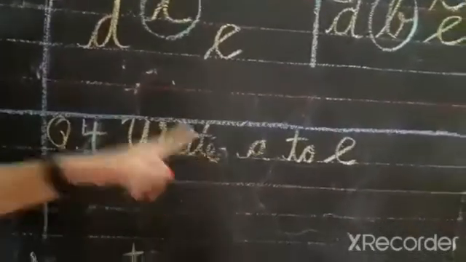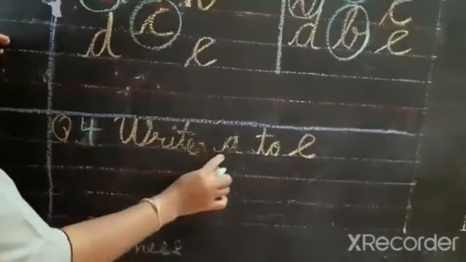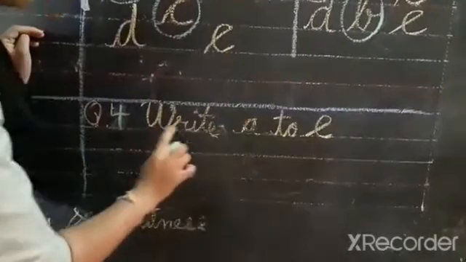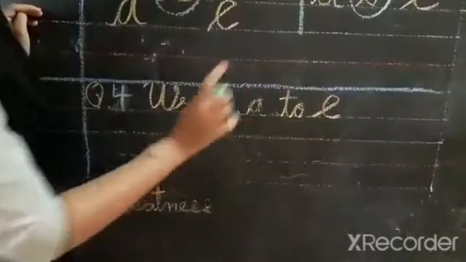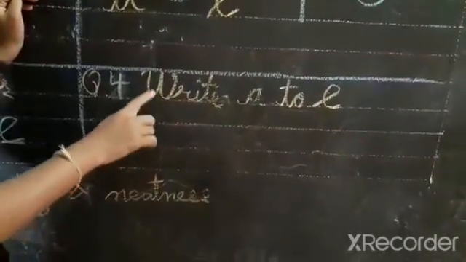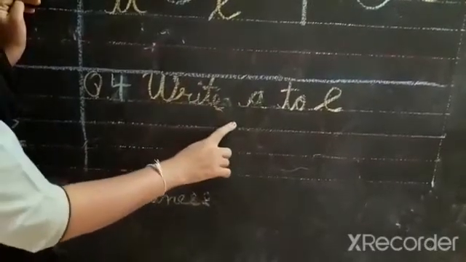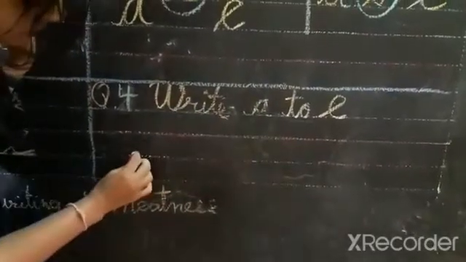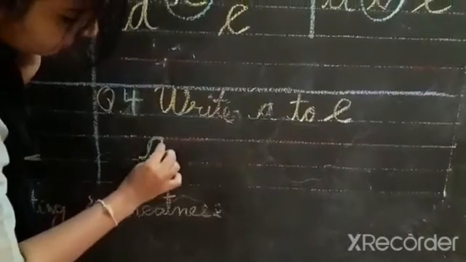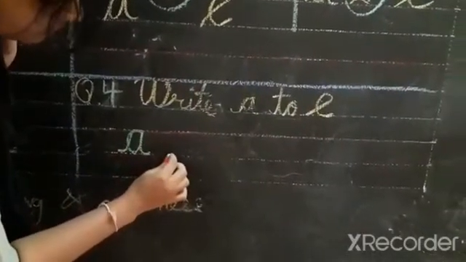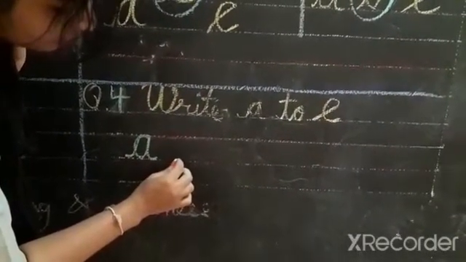Question number 4. Write A to E. That means you have to write here A, B, C, D, E. A. Then what will come?